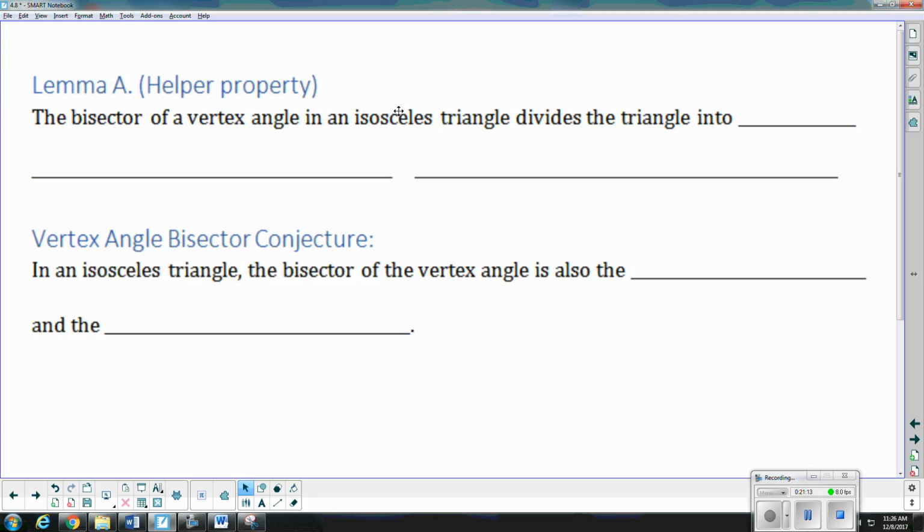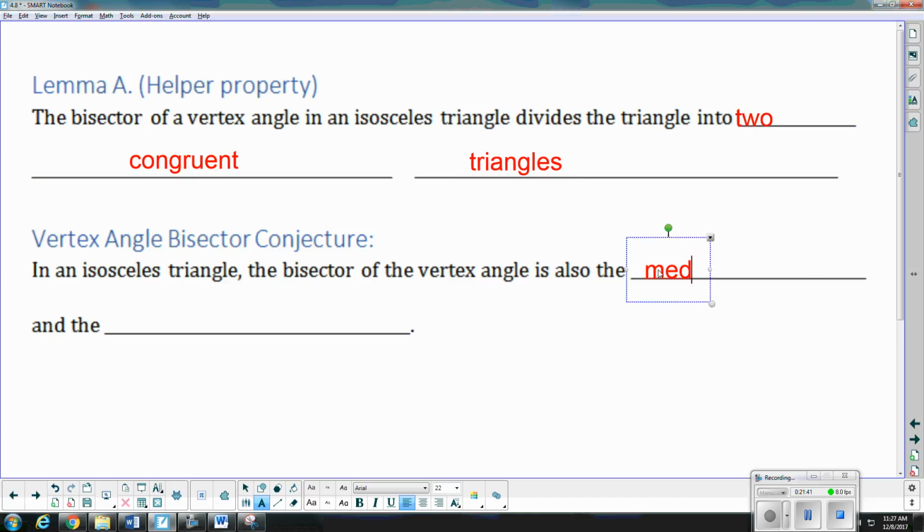The bisector of a vertex angle in an isosceles triangle divides the triangle into two congruent triangles. Which helps us show the vertex angle bisector conjecture. So in an isosceles triangle, the bisector of a vertex angle is also the median and the altitude of that triangle.